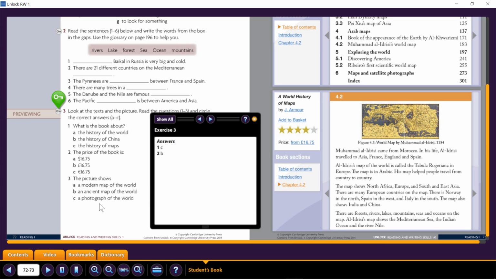The picture shows A, B, or C, a modern map of the world, an ancient map of the world, or a photograph of the world. What do you think? 3 is B. The correct answer is B, an ancient map of the world. So, ladies, feel free to pause the video, check your answers, and come back again.